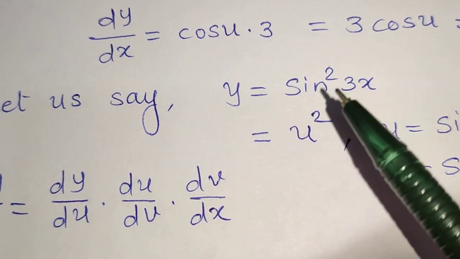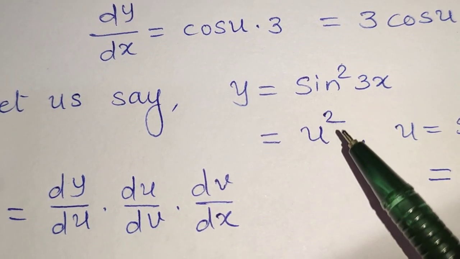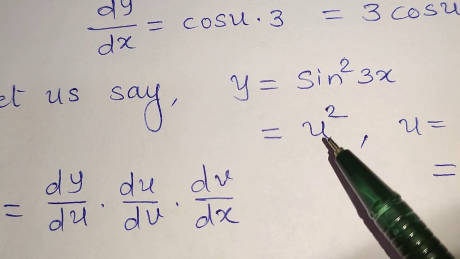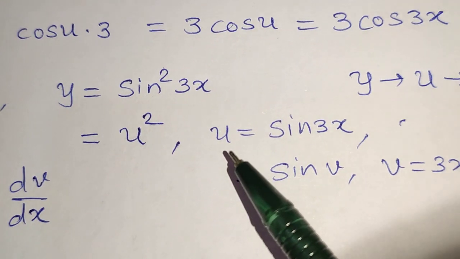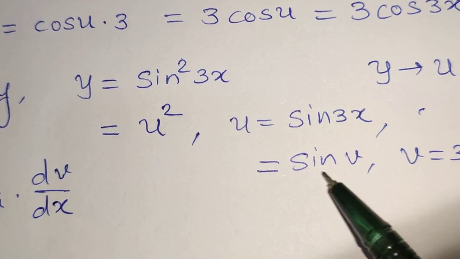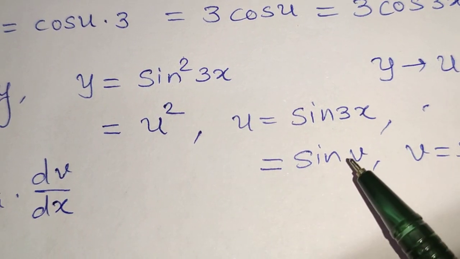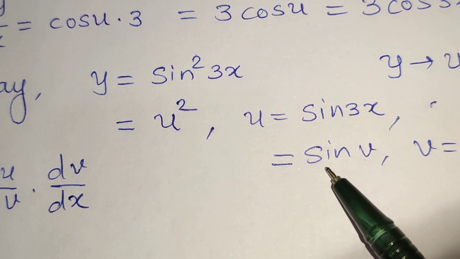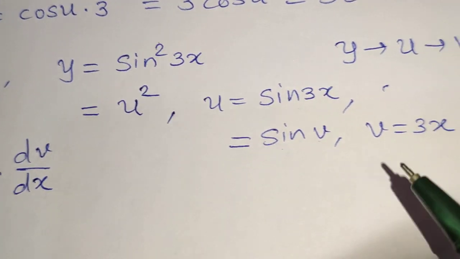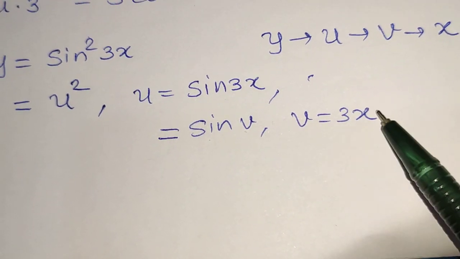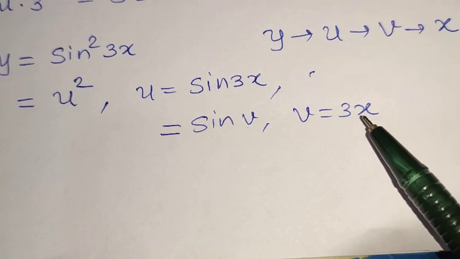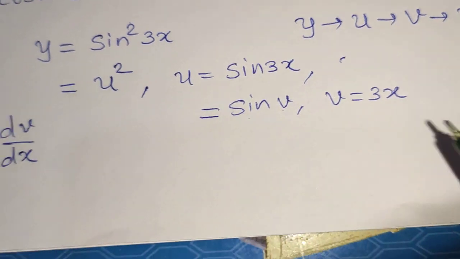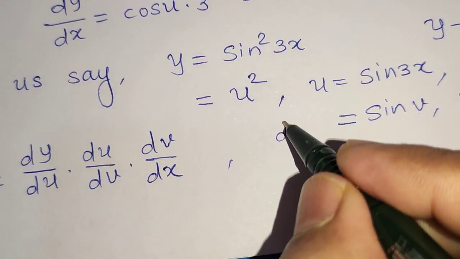So if we want to solve this, the derivative of y with respect to u, dy by du, is 2u. The derivative of u involves sine v, so du by dv is the derivative of sine v, which is cos v. And dv by dx, the derivative of v with respect to x, is 3. So let me find all the values.